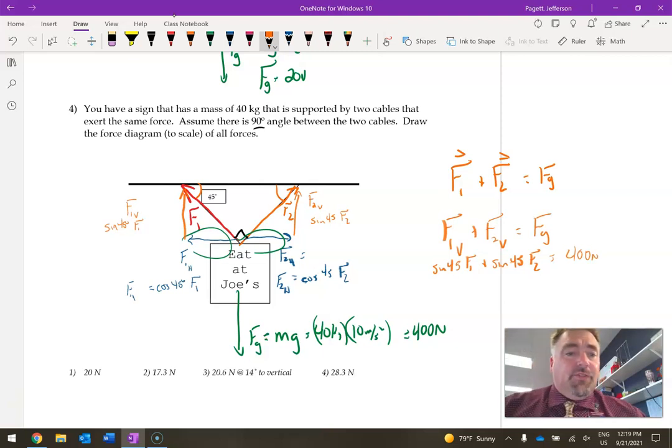Now, the other thing that I know here is they tell me that they exert the same force. So F1 and F2 are going to be the same thing. So I'm going to rewrite this one more time: the sine of 45 times F plus the sine of 45 times F is going to equal 400.